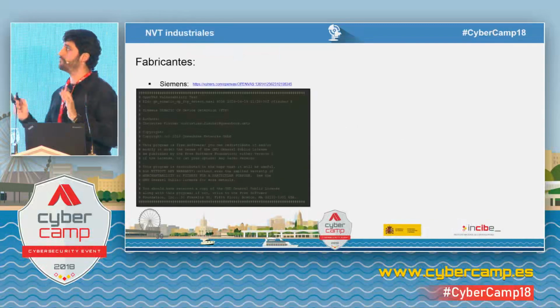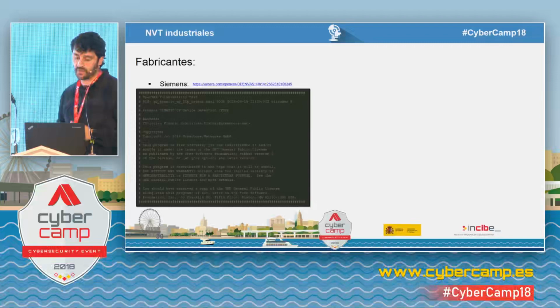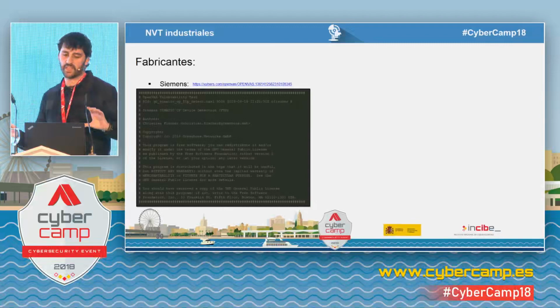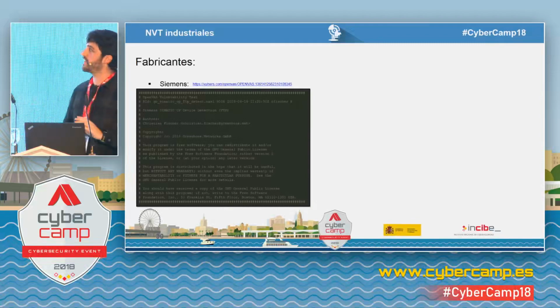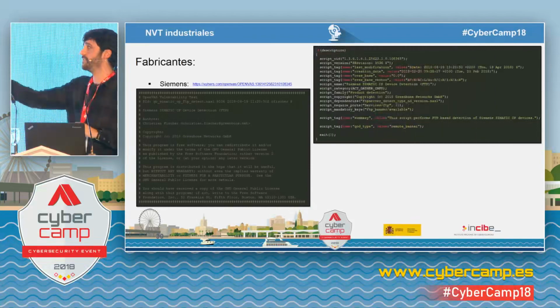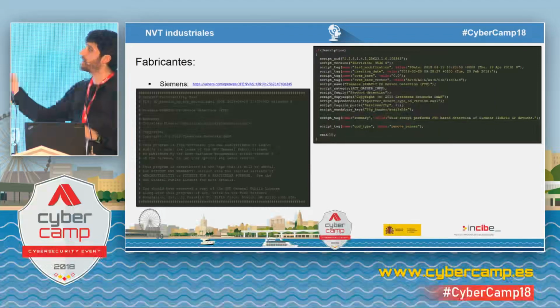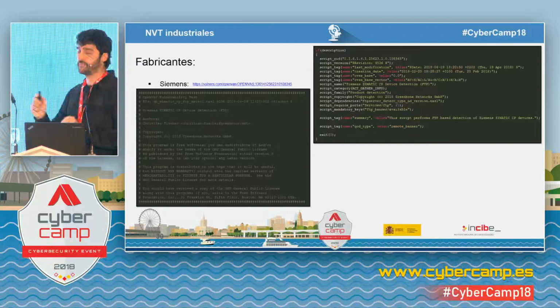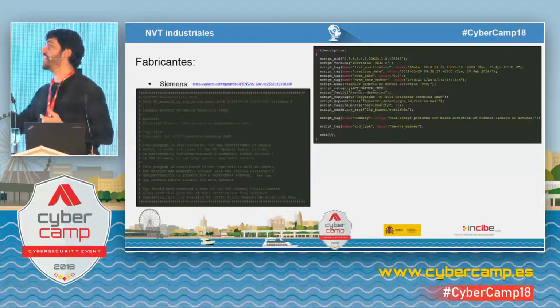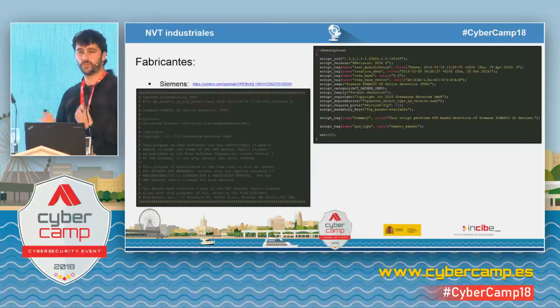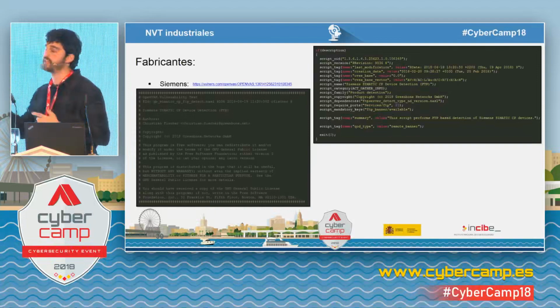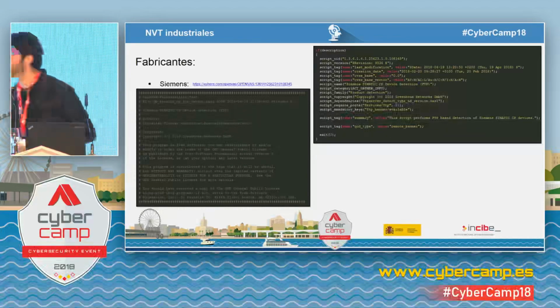All right, so some examples from industrial NVTs. I like to separate that in three. So this NVT is associated with Siemens. So this is the copyright. And this is the description that you could get in the tools, but we are not very interested in that.